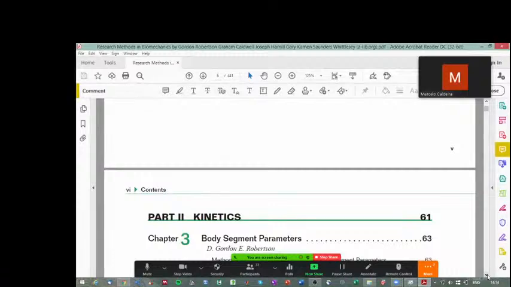So I just want to describe the motion, and to describe the motion, I use the kinematic variables: position, velocity, acceleration, orientation, trajectory, and so on.